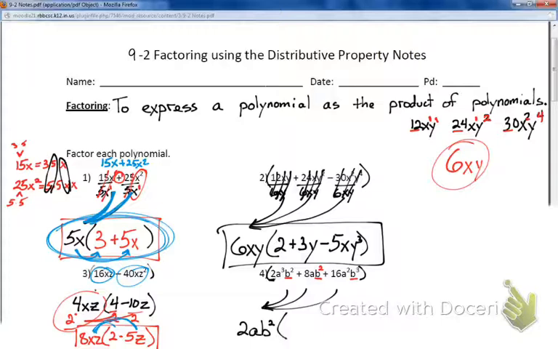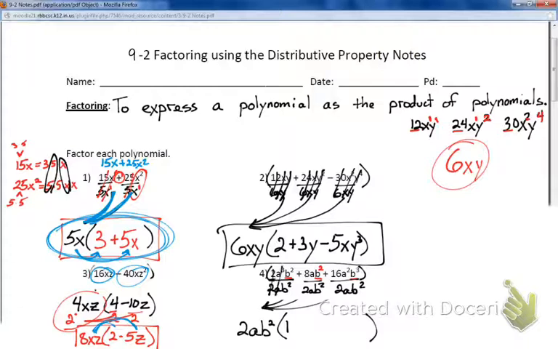You're going to factor out how many they have in common. They all have at least 2 b's in common. So we're going to divide all of these by 2ab squared. So 2 divided by 2 is just 1, which you don't actually have to write.